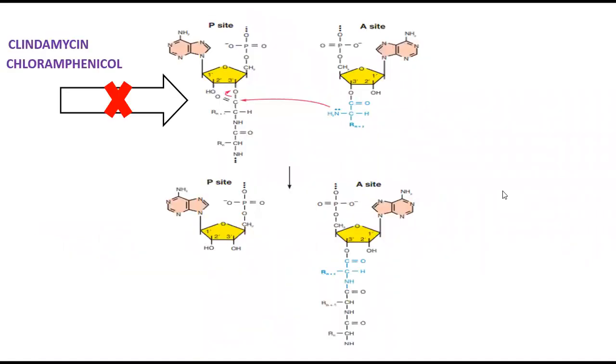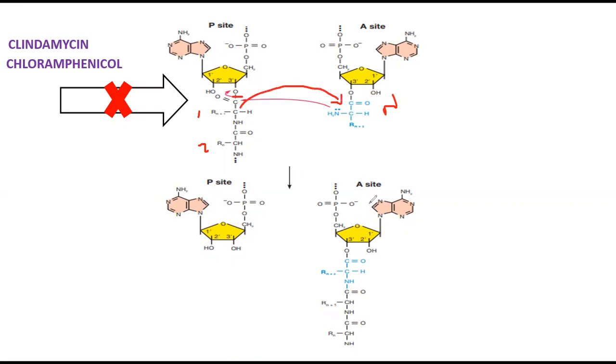As I have told you, I will show you the clindamycin and chloramphenicol transpeptidase reaction. So these were the two amino acids. This is number one amino acid, this is number two, and this was the yellow amino acid, the new amino acid. So what will it do? This NH2 will perform a nucleophilic attack over these two amino acids, and this bond will be broken down, and this will bind to this new amino acid.